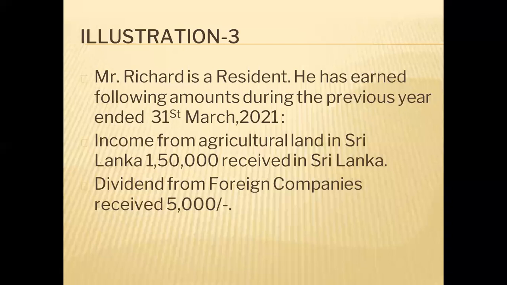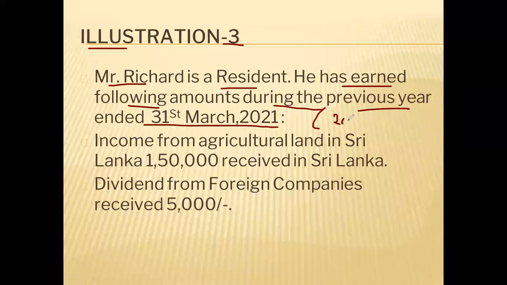Read illustration number 3, everybody. Mr. Richard is a resident. He has earned the following amount during the previous year, 31st March 2021. The list of income earned by Mr. Richard is given.